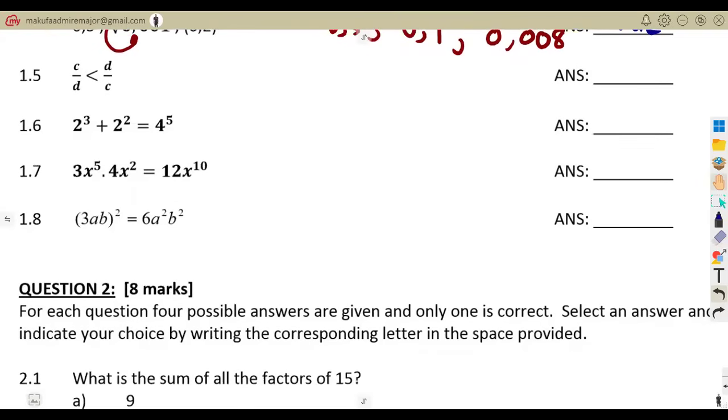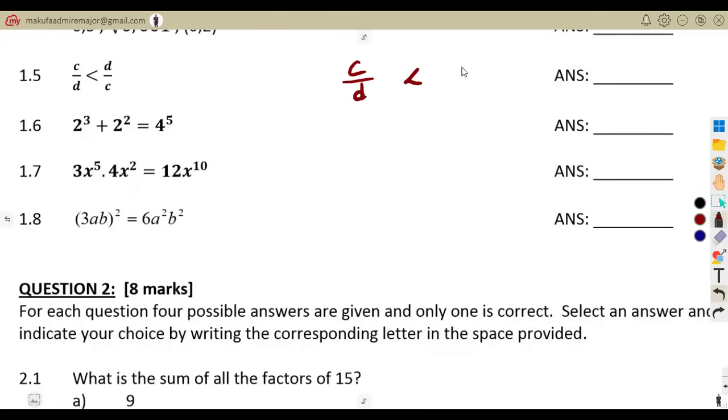Then in 1.5, we are given that in a normal fraction, C over D, is it less than D over C? Remember, C over D is actually a proper fraction.